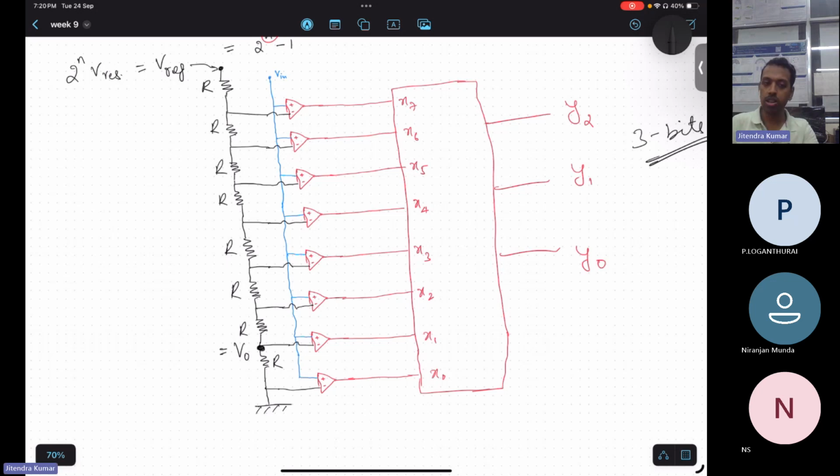If you take the division rule, it will be V reference into R divided by 8R, isn't it?